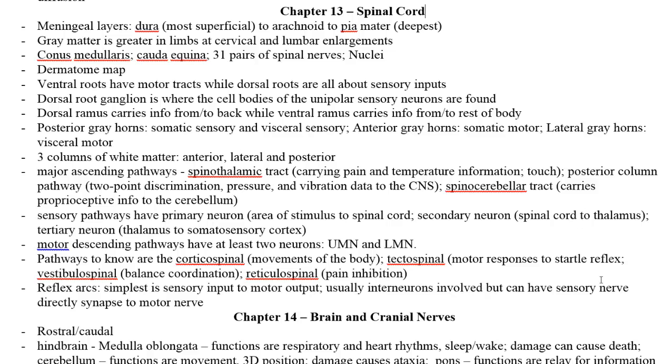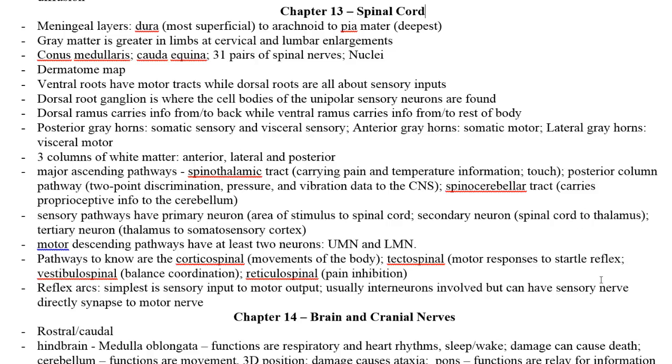Now, ventral roots exit from the gray matter of the spinal cord tissue, and those are all motor tracts, while the dorsal roots all contain sensory inputs. Prior to the dorsal root forming is the dorsal root ganglion, where the cell bodies of the unipolar axons that form the sensory components of the body are located.